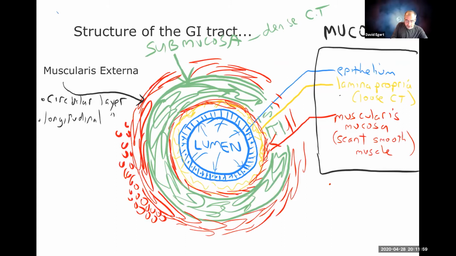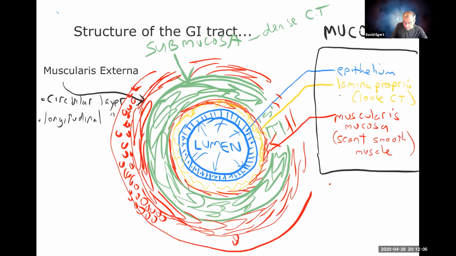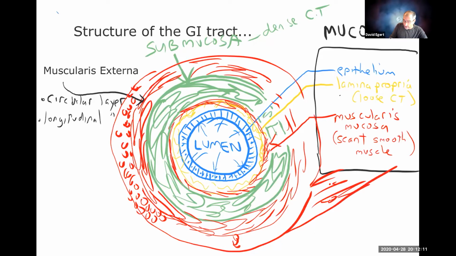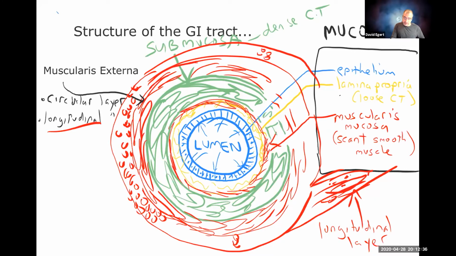In a cross section, this longitudinal layer just looks like a bunch of little dots, because it's smooth muscle cells that have been cut off in cross section.